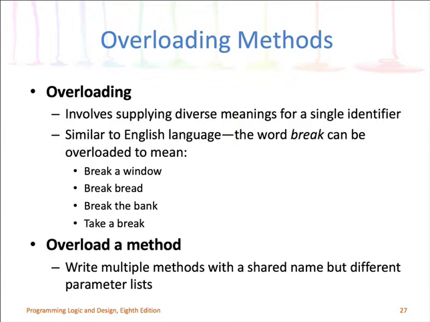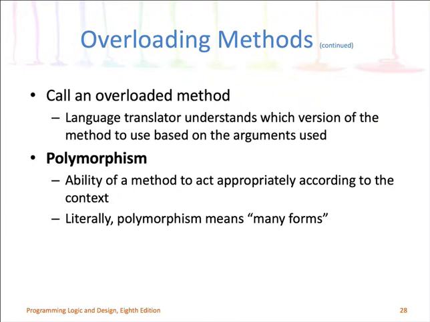When we do that, we can overload methods by using method names with the same name, but the way they're differentiated is they have to have a different parameter list. So we can do that. A language that supports this is said to support polymorphism.